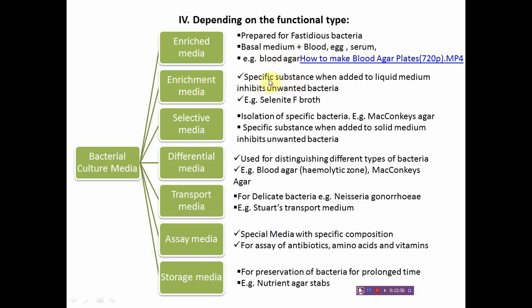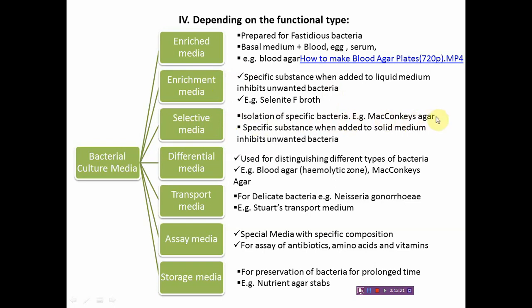Enrichment media: when specific inhibitory substances are added to the liquid medium which inhibit unwanted bacterial cells, the medium is called the enrichment medium. Similar composition in the solid state is called a selective medium, and these media permit only the growth of specific bacterial cells. That is why it is used for the isolation of specific bacterial varieties.